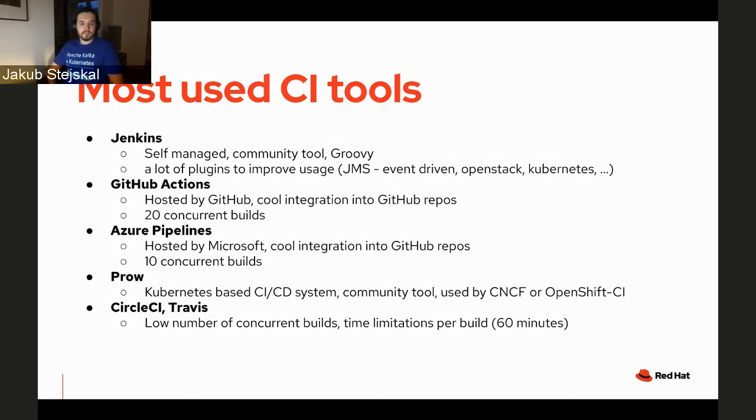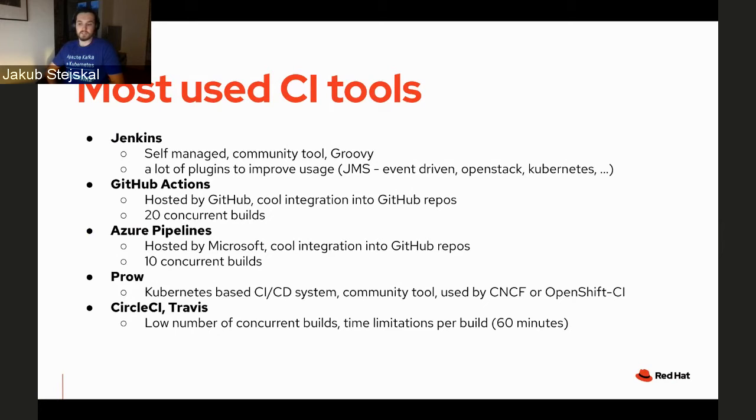The next CI tool is Prow. Prow is a Kubernetes-based CI/CD system. It's another community tool, so you need to have some Kubernetes cluster up and running, and you can install it there. The great thing about Prow is that it also offers great GitHub bots.